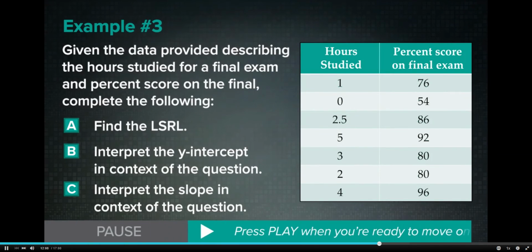You actually already found the LSRL in the lesson titled, What is an LSRL? If you want to use that, that's fine. But I wanted to bring in a little bit of practice so that we can make sure that you're 100% confident with that. Pause the video, try this on your own. Click play when you're ready to resume.